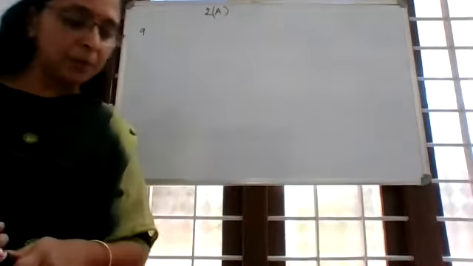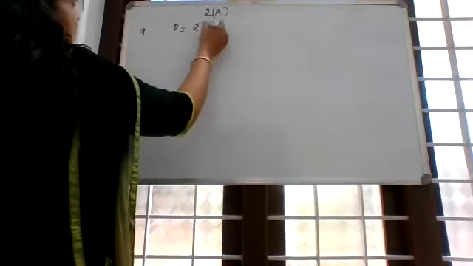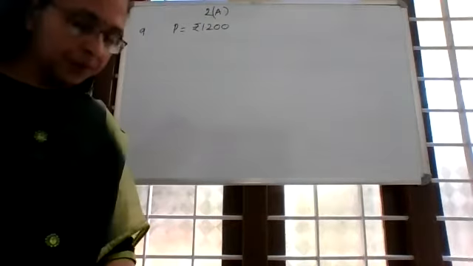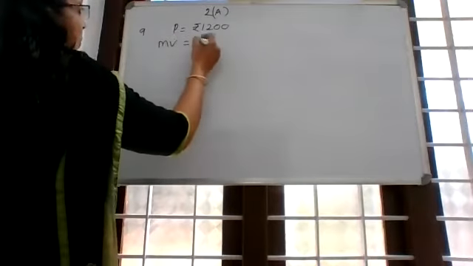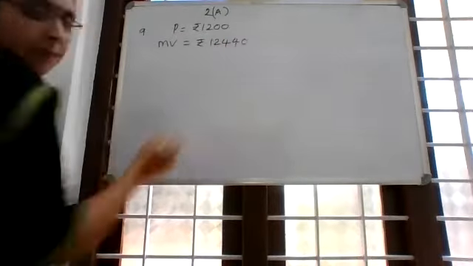So a recurring deposit account of rupees 1200. What is the 1200? Principal. P is equal to rupees 1200. Then MV is equal to rupees 12,440.